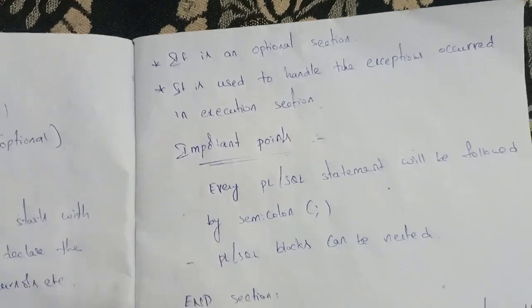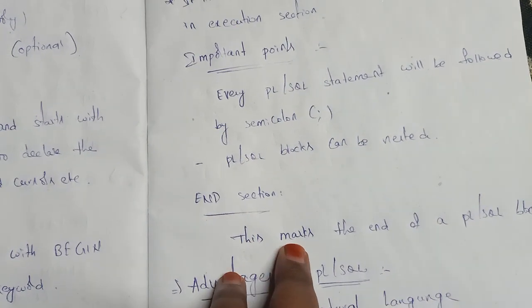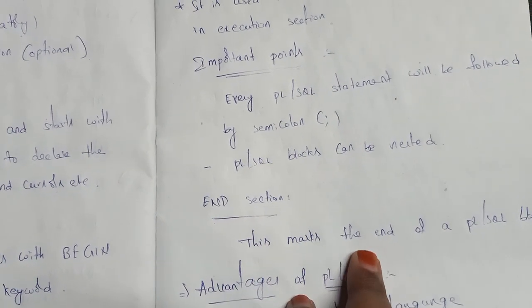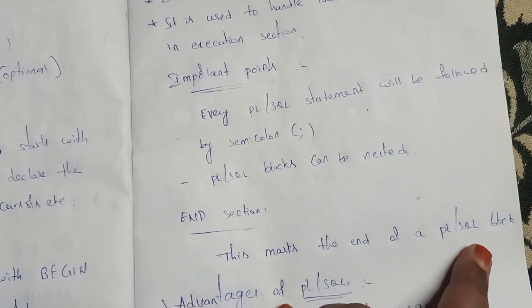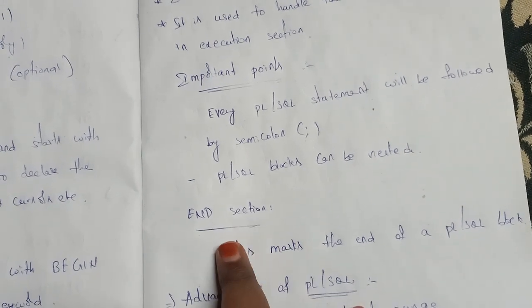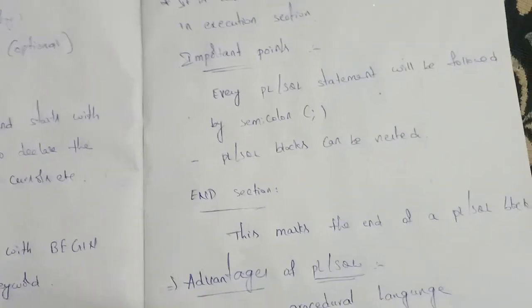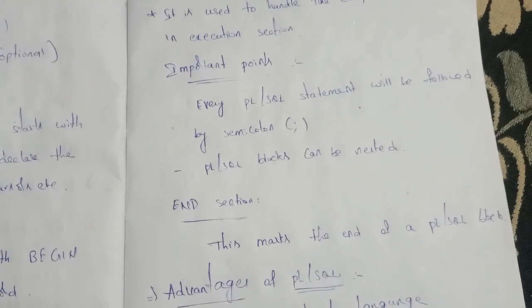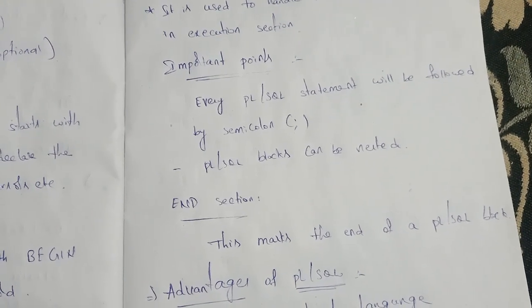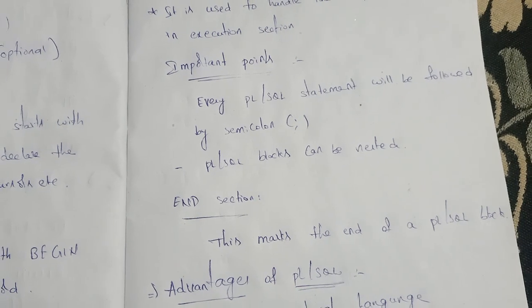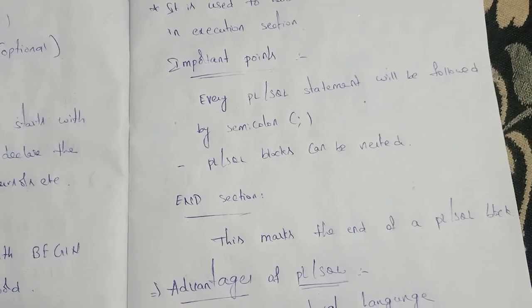Next, the end section. This marks the end of the PL/SQL block, showing that our program is complete. In a normal program we use curly braces, but here we use end.